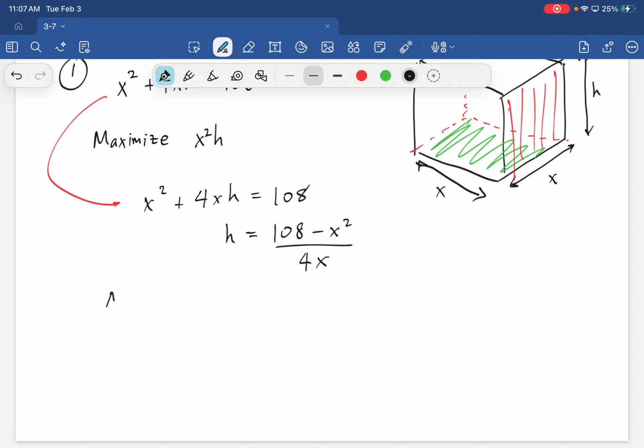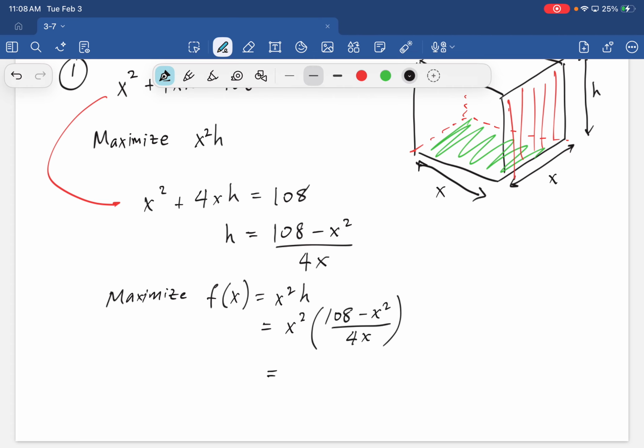Wow, interesting. It equals 108. That's weird. Anyways, and then thirdly, the volume at the other end point is going to be, I think it's 0. Okay, so that tells us that x equals 6 maximizes the value of the function.